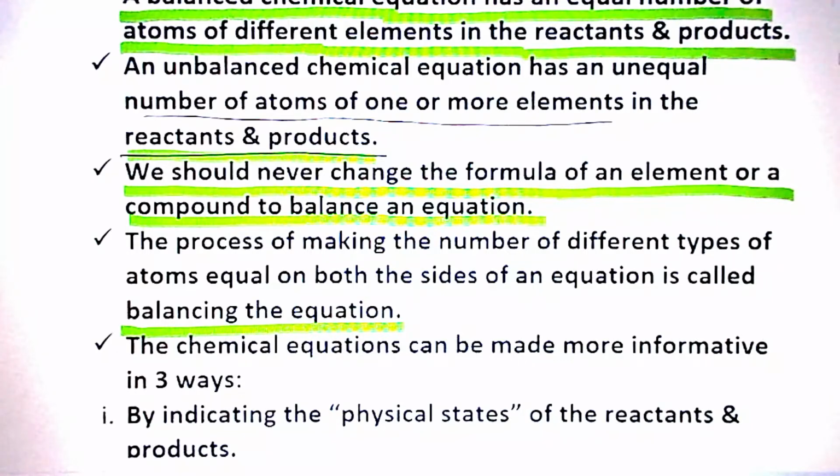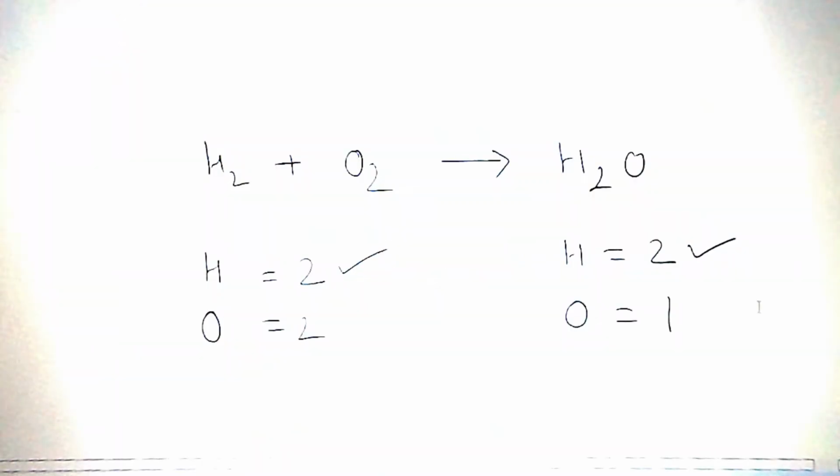Now let us take an example. Now in this same example, H2 plus O2 gives H2O. In this reaction it is unbalanced, so we have to balance. Here in the reactant side oxygen is 2 and in the product side number of oxygen atom is 1. If we write 2, then oxygen becomes 2: oxygen atom is 1 and 1 into 2 is 2. Now oxygen is balanced.